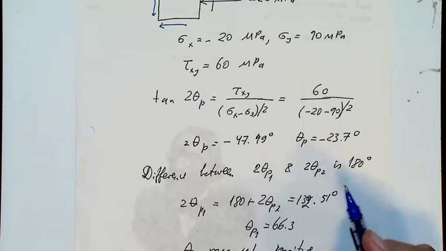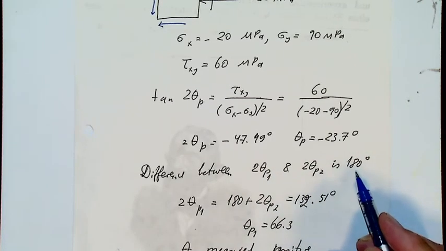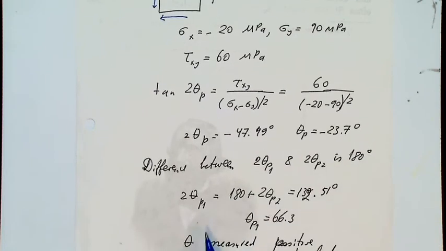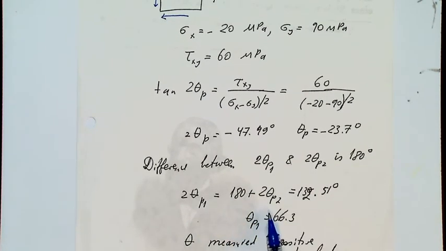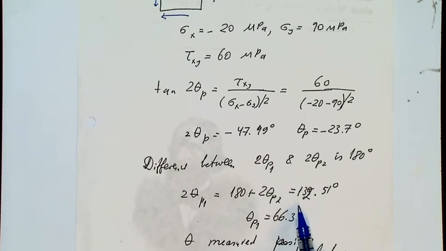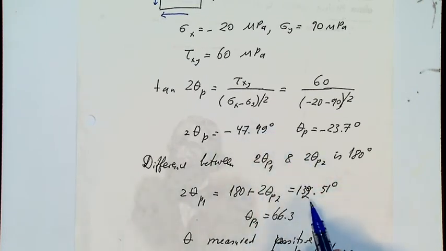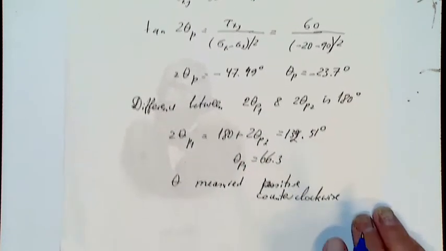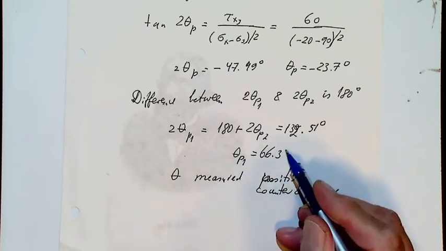The difference between 2 theta p1 and 2 theta p2 is 180 degrees. So 2 theta p1 then equals 180 plus 2 theta p2, which equals 180 minus 47 equals 132.51. From here we get theta p1 equals 66.3 degrees.